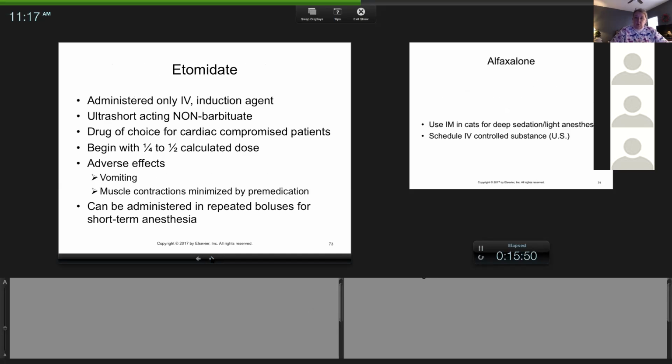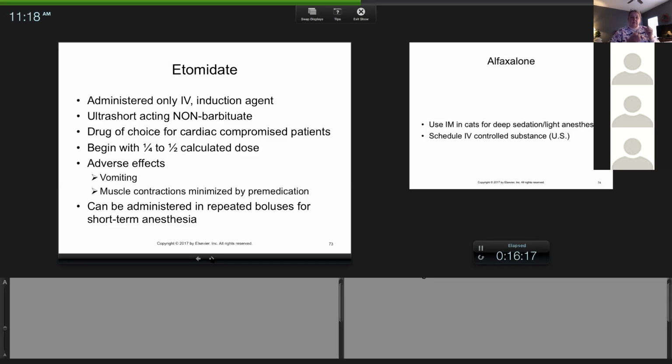Cardiac, it's an ultra short acting non-barbiturate, but it's advantageous for patients that have pre-existing documented heart disease, mitral valve disease, cardiomyopathies, heart failure, things like that. So it has very little effect on the myocardium, like strength of contraction, blood pressure. It does have rough recoveries, sometimes vomiting is seen, and it does allow for repeated dosing.